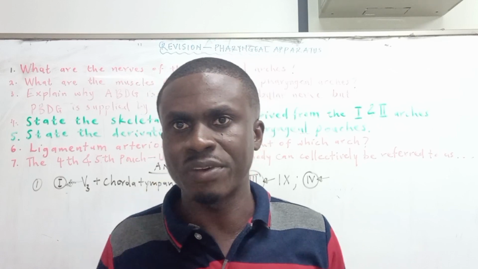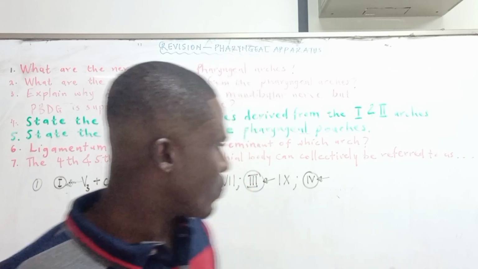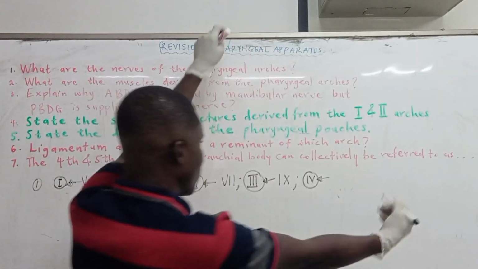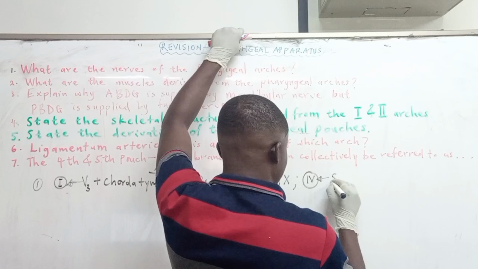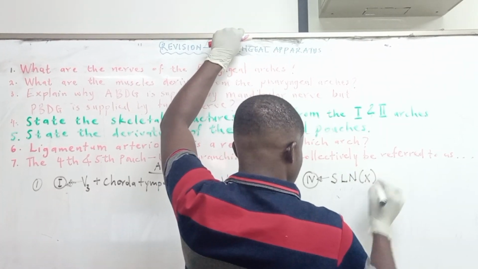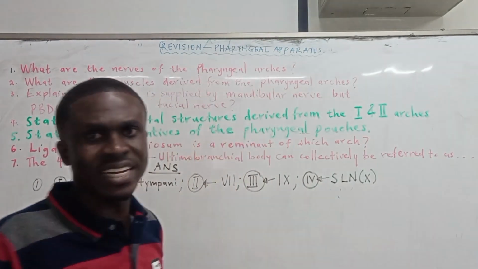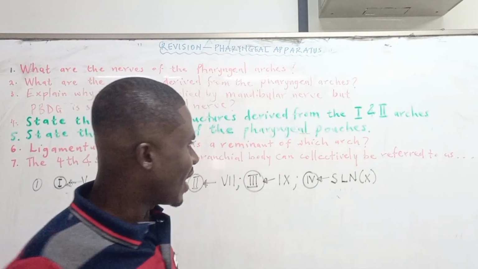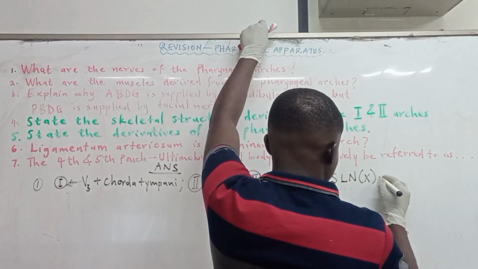Which portion of the 10th cranial nerve are you talking about? Now, for the 4th arch, the nerve supply is going to come from the superior laryngeal nerve. Yes, we are still talking about the 10th cranial nerve.